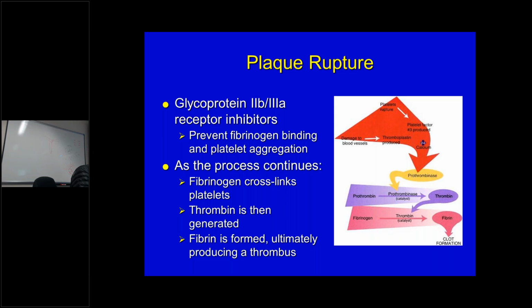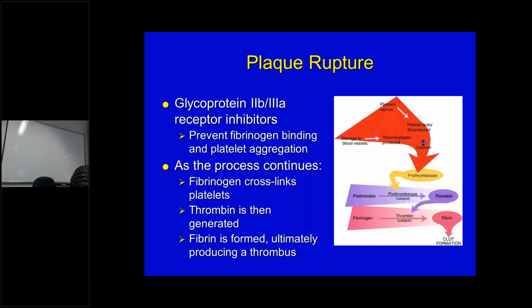So your anticoagulants oftentimes work on this. Like a lot of heart patients, you know, are on aspirin. What does aspirin do? Okay.